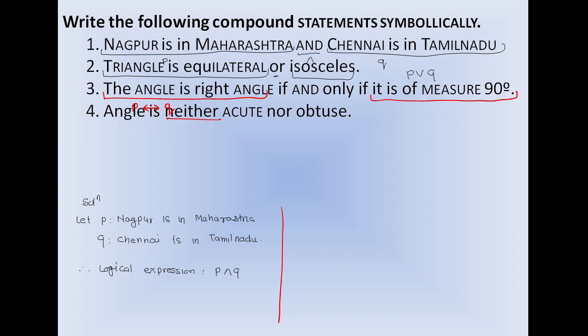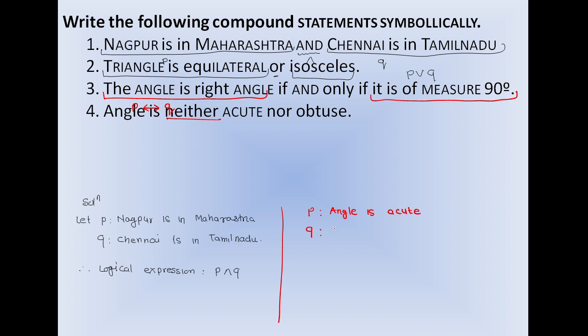So you are going to take two statements without negation, because negation is also a connective. The first statement you are going to take is P: angle is acute.